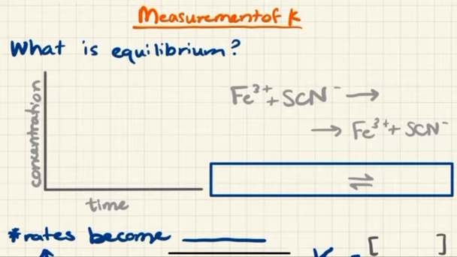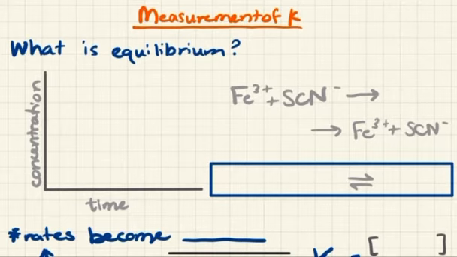So what is equilibrium? If we have a reaction, which we will in this lab, between iron and thiocyanate ions, which is shown to the right here, we could expect that there's likely some product if this is a reaction, correct?